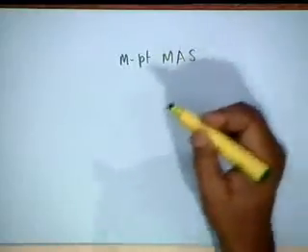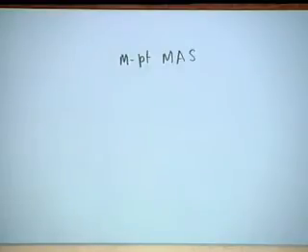We illustrated the importance of this signal by considering the example of an M point moving average system, and we showed that the magnitude response can be very easily calculated.